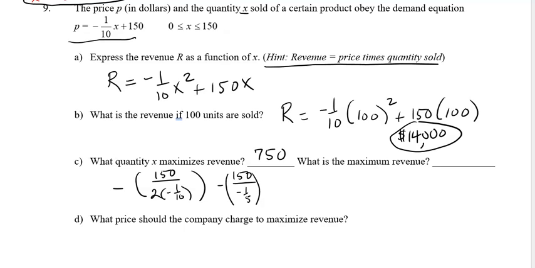And then what is the maximum revenue? We just turn around and put that back in for X. For maximum revenue, we're going to replace X with 750. And go to your calculator again.